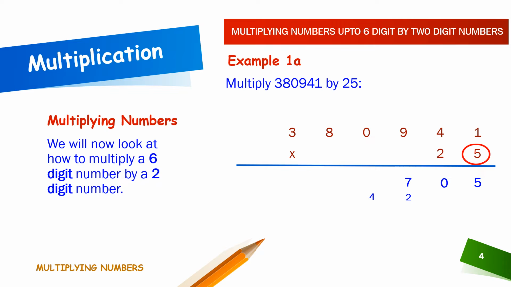Position the 7 in the same column as the 9 and carry the 4 over to the next column along. Now continue in the same way until you reach the very end, as shown.